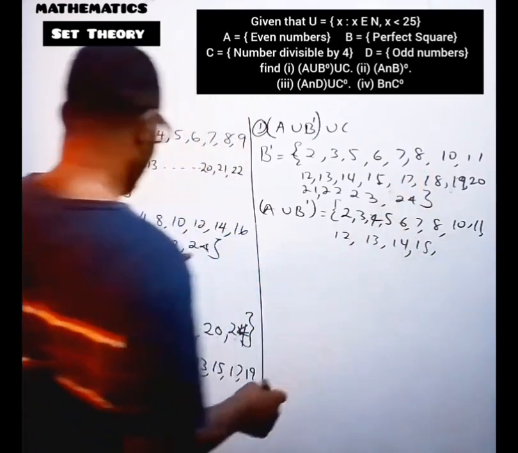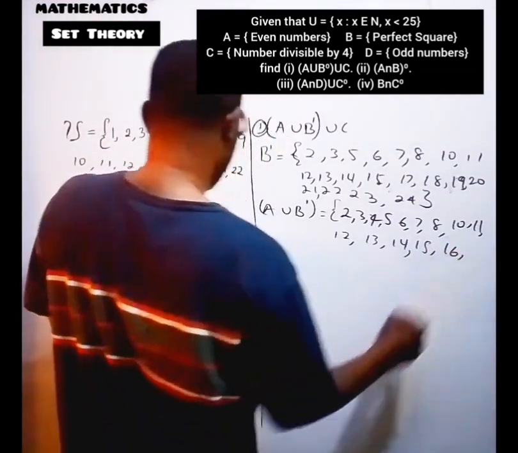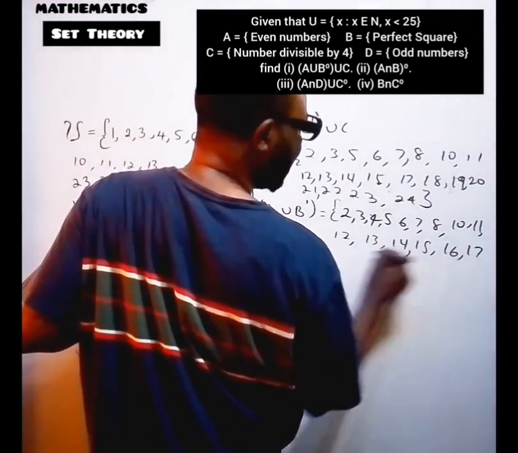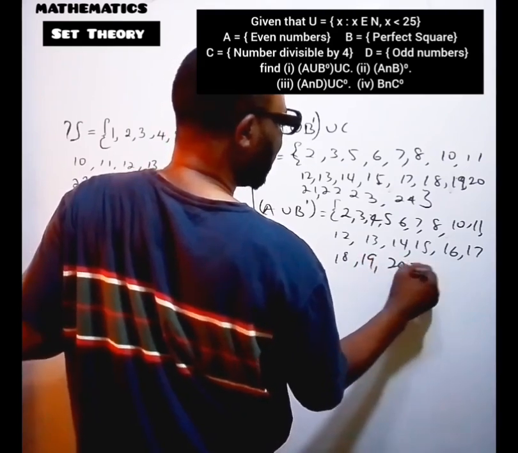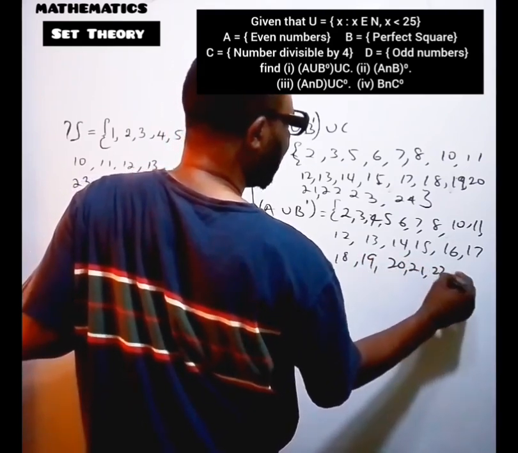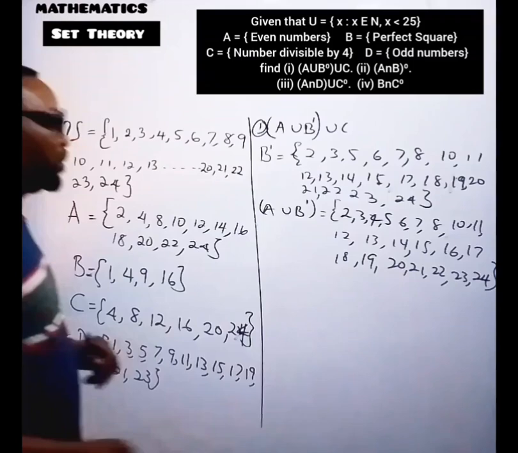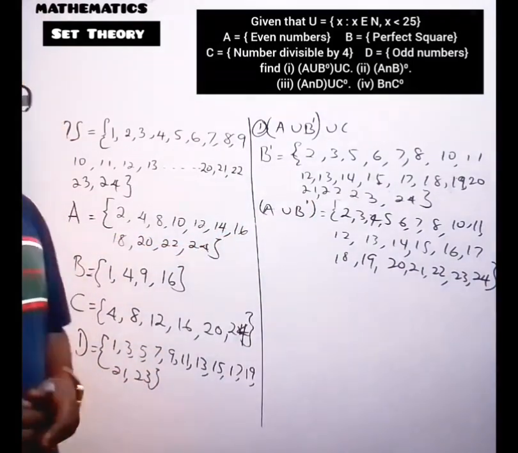Do you have 16 here? Yes, 16 is there. Do you have 17 there? 17 is there. 17, 18, 19, 20, 21, 22, 23, and 24. That is the value of A union B complement.